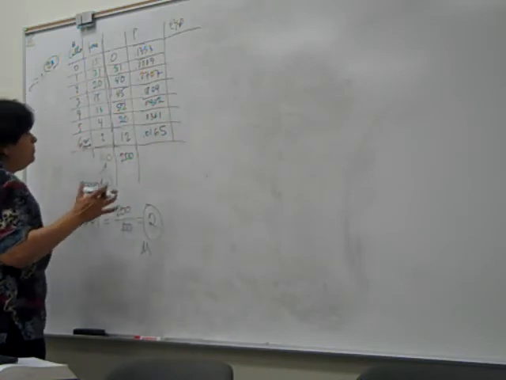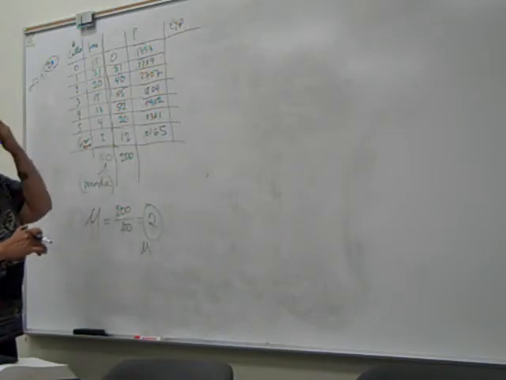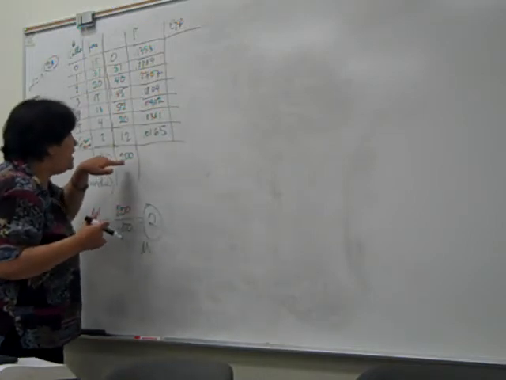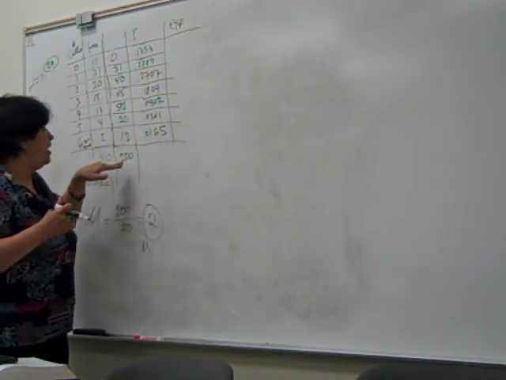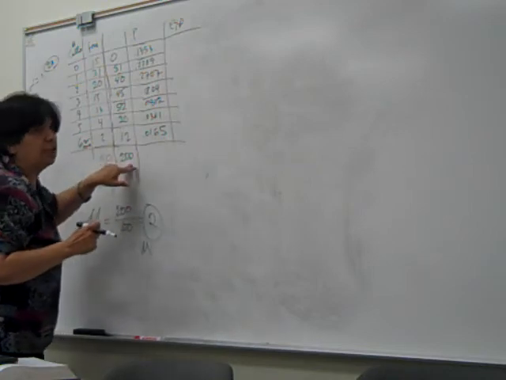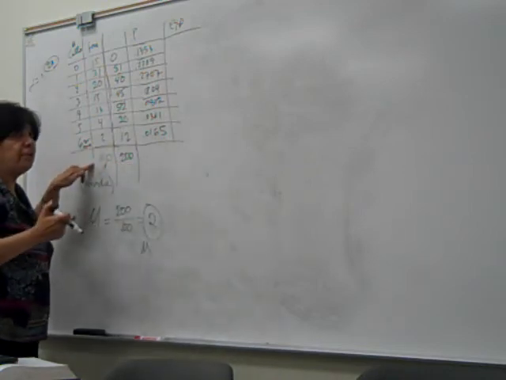So what is the expected? A very common error that people make is that they take the total calls times this probability. That is not right. You have to take the total number of periods.